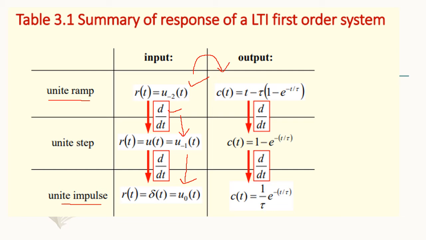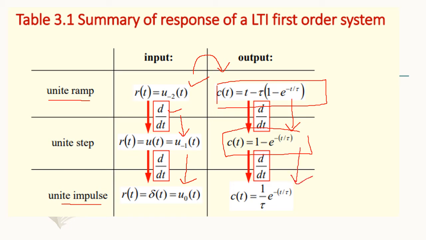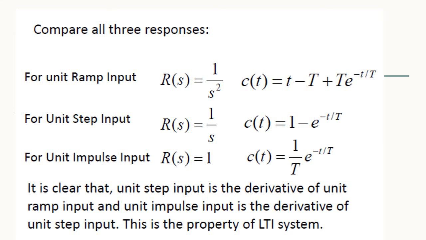Similarly, with respect to the output, the derivative of c of t for the unit ramp is the unit step, and the further derivative of the unit step is the unit impulse. So by comparing all three responses, it is clear that the unit step input is the derivative of the unit ramp input and the unit impulse input is the derivative of the unit step input. This is the property of an LTI system.